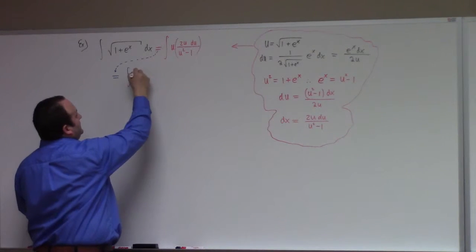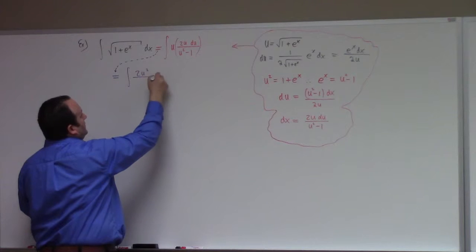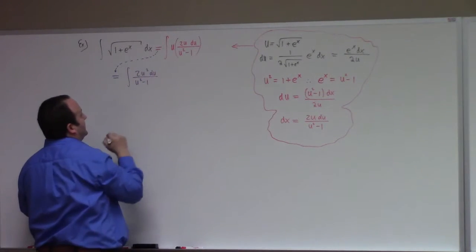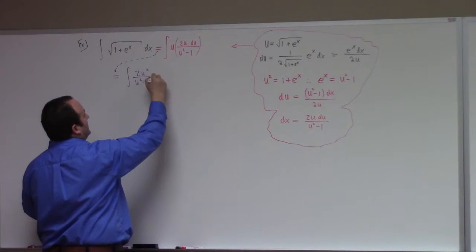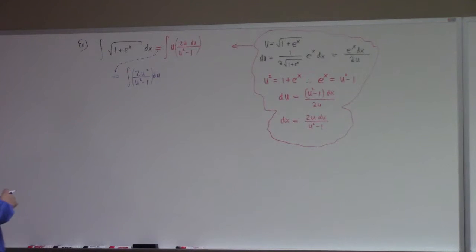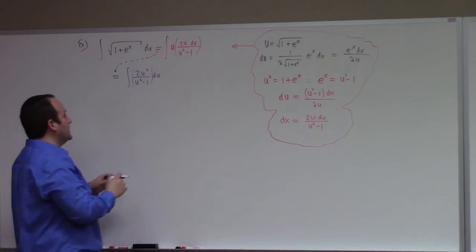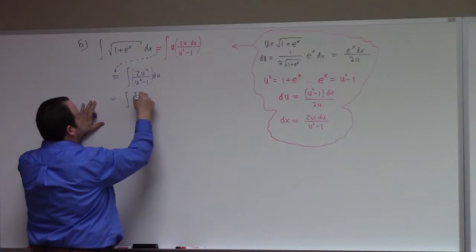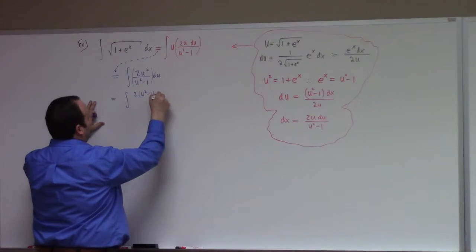So this is what? This is 2u squared over u squared minus 1 du. Well, that is what? That's an improper rational function, right? So we've got to come to terms with that. I'm going to use my adding 0 trick. So this is 2 times u squared minus 1 plus 2, right?